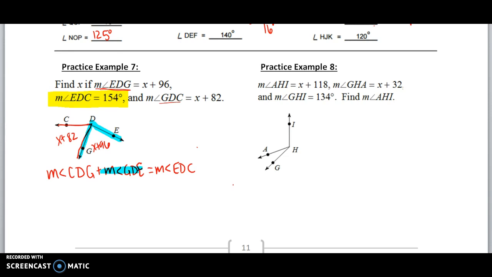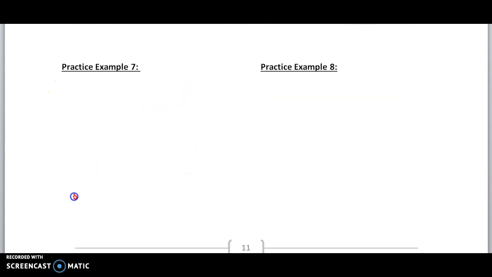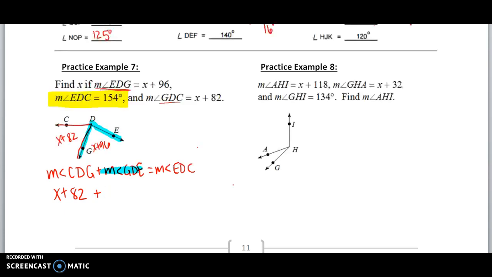So I'm going to substitute those values in. I see the measure of angle CDG, or GDC, same thing, is x plus 82. And then the measure of angle GDE, same thing as EDG, is x plus 96.